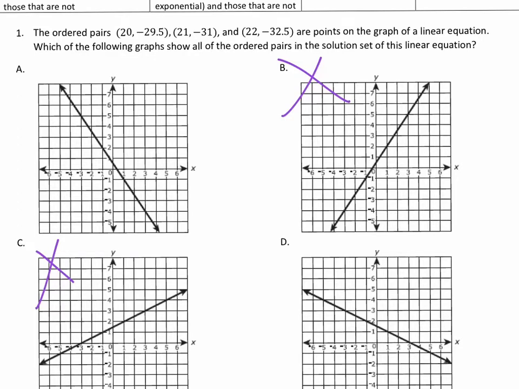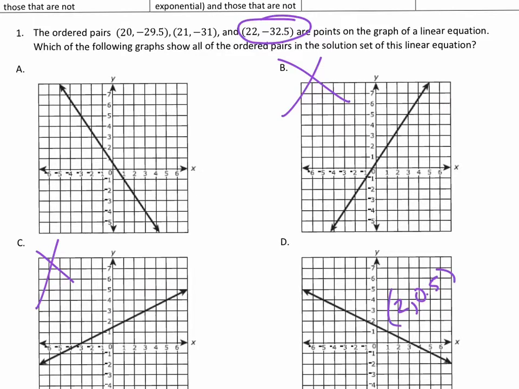Notice that it's pretty close on the slope. To go over 22 and down negative 32, those are pretty close numbers. But when I look at D, I have numbers that are like over 2 and up a half.